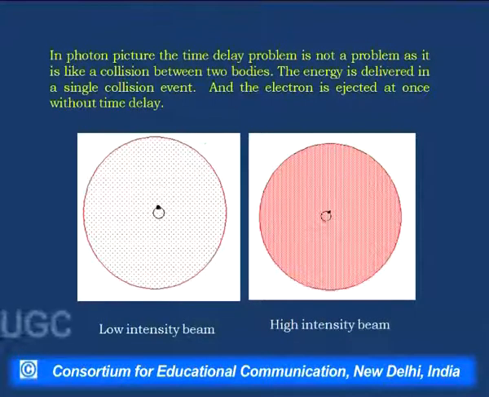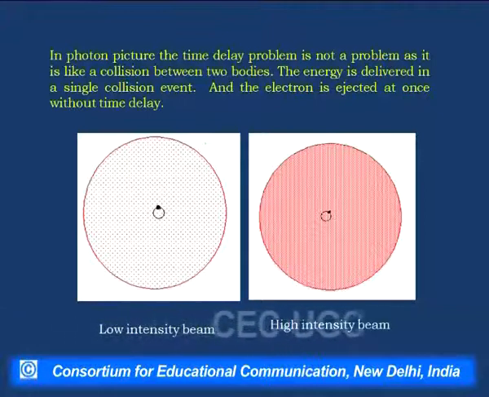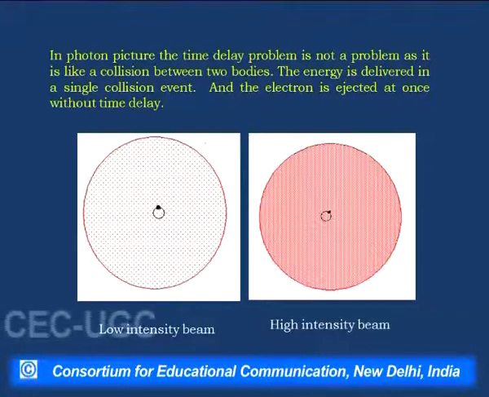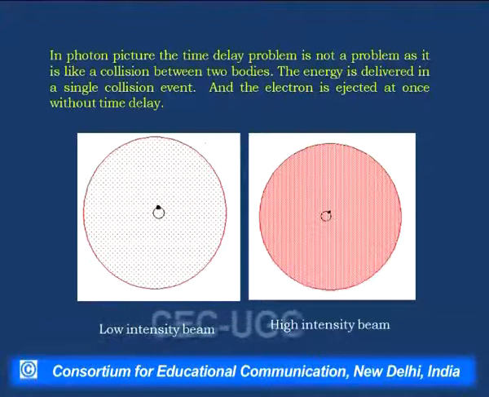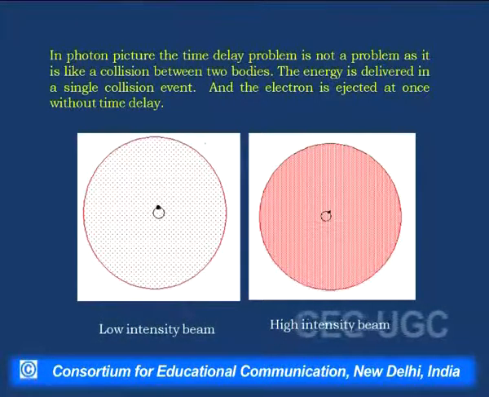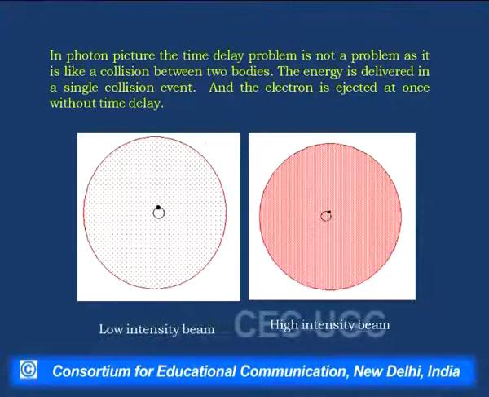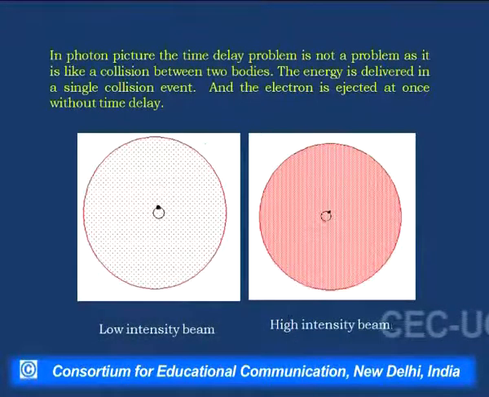So, this electron will absorb the energy of the light, and then it will come out. If the intensity is low, it will take some large time to soak up energy, and then it will come out. If the intensity is more, it will absorb energy faster and immediately come out.